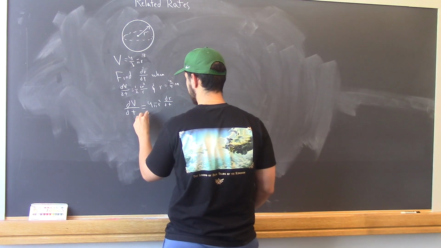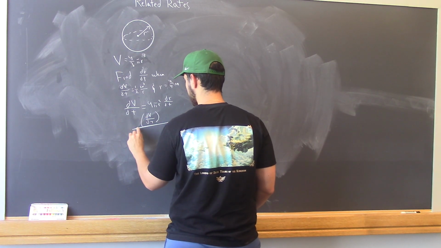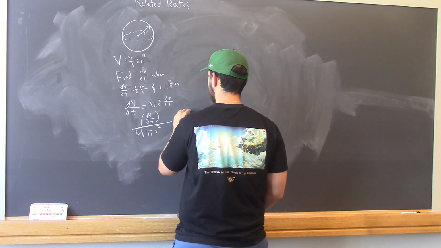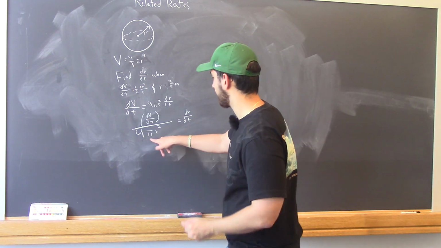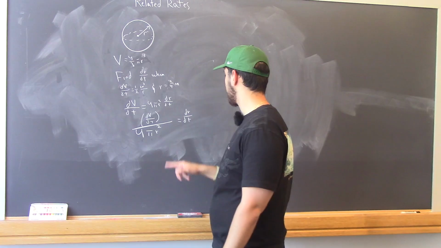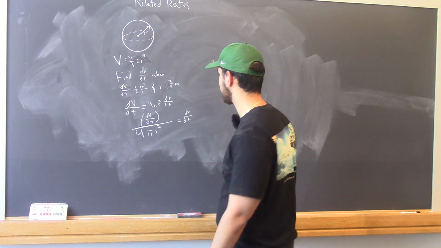So what you get is dV/dt divided by 4 pi r squared equals dr/dt, right? 4 and pi are constants. We have the radius value. We have the dV/dt value. We want this value. This is just a plug and chug, right?